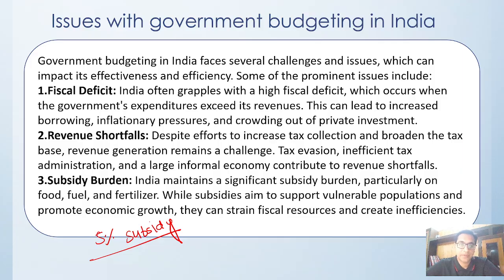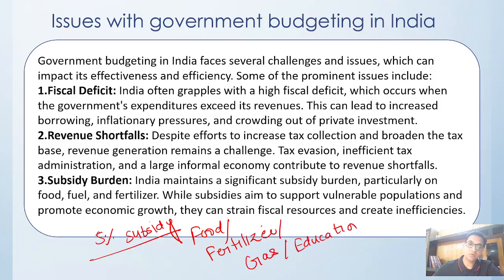Whether you go for food subsidy, fertilizer subsidy, gas subsidy, or education subsidy, there are a lot of subsidies in our country: food, fuel, fertilizer to the vulnerable section. So because of that, resources get strained. Government has to spend a lot of money under that.